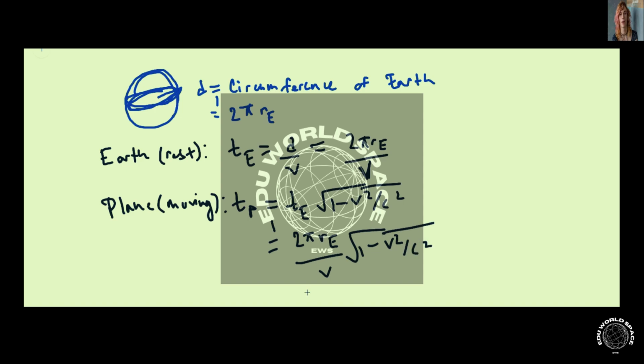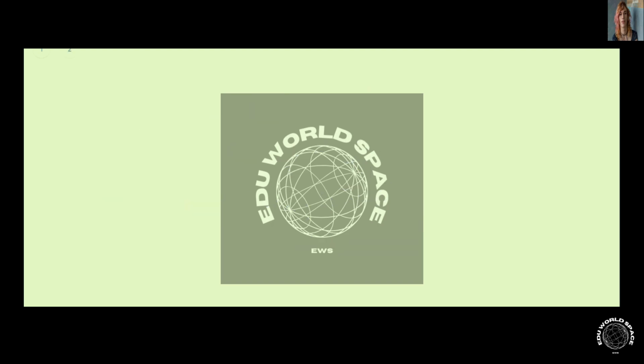Okay. Now we want the difference. Let's go to a new page. We want the difference. So delta t would be the time as measured from the Earth minus time as measured from the plane.